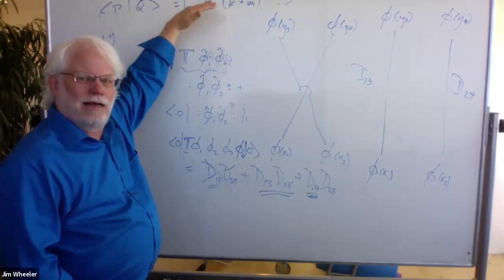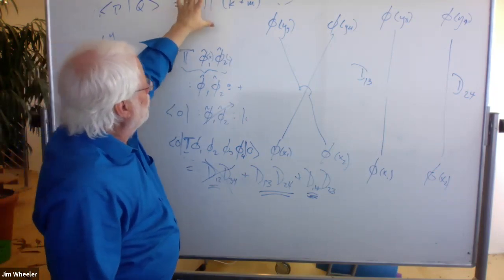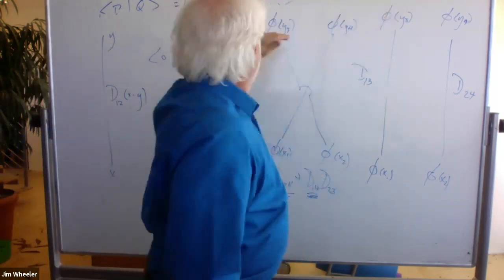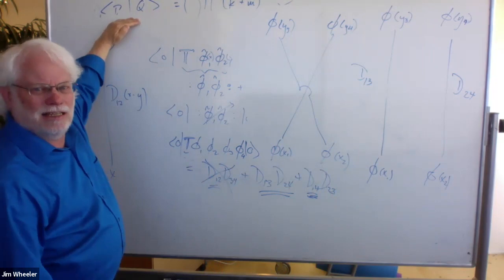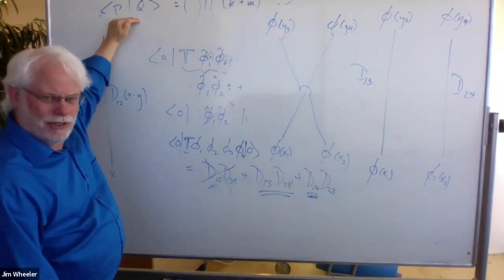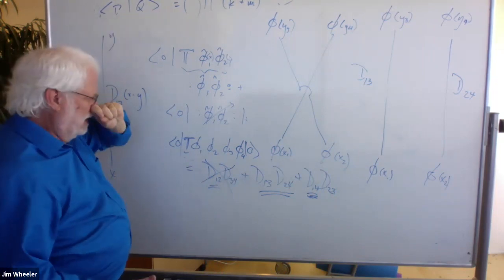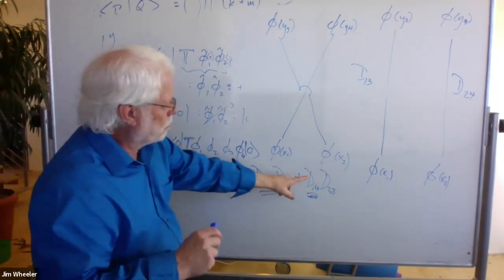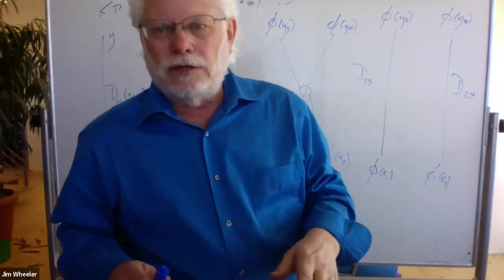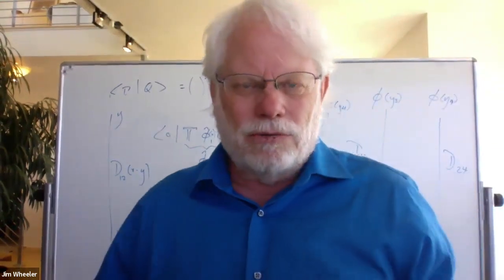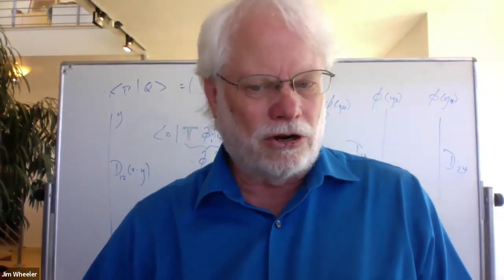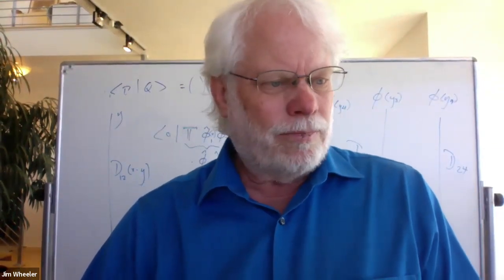So all of this is a mnemonic to help us remember what things to write when we expand this transition amplitude. And it's going to amount to a bunch of propagators, but there will be other terms, and we need to keep going with examples to see what those other terms are.